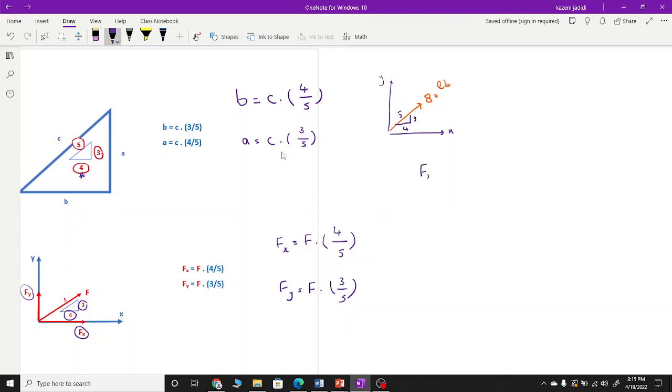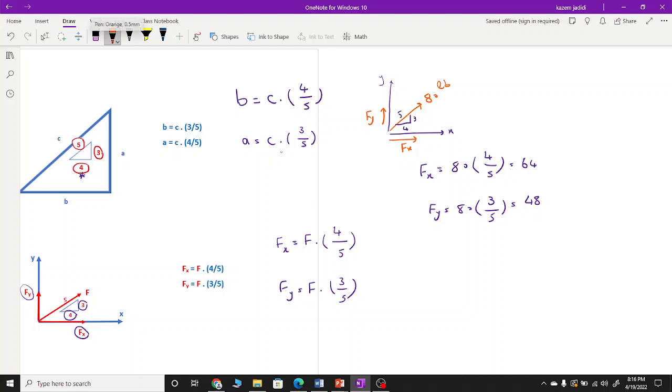Fx is equal to 80 times 4 over 5, because parallel with x is 4. And Fy is 80 times 3 over 5, because parallel with y is 3. If you solve them, the first one is 64 and the second one is 48. We calculated the components of this force: this is our Fx and this is our Fy.